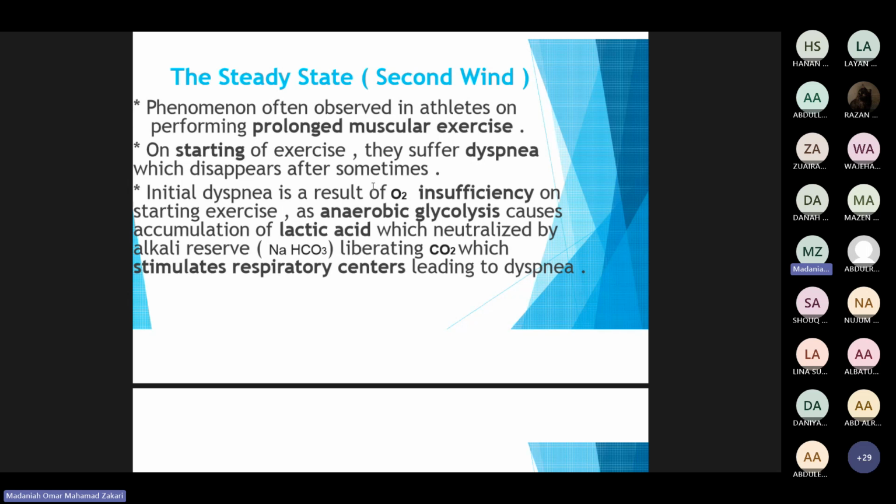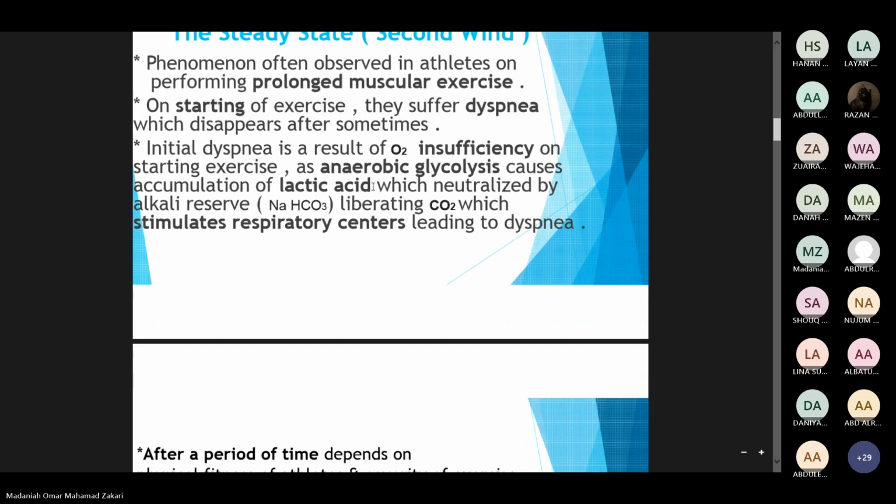Carbon dioxide is the main stimulus for the respiratory center to increase breathing, removing the carbon dioxide produced by the muscle during this strenuous exercise. This leads to dyspnea.